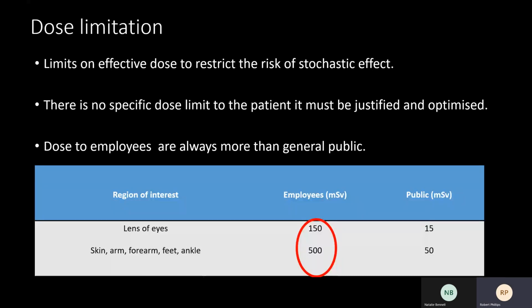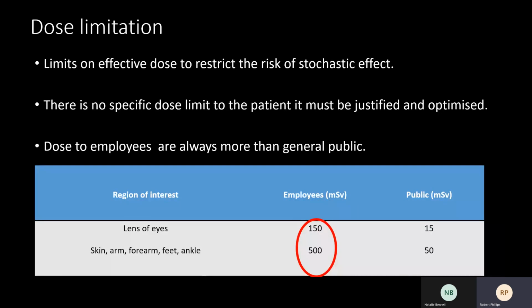The exposure in patients should be justified and dose should be optimized, but there is no specific dose limit for the patient. This dose limit is for personnel, radiographers, radiologists, and the public.